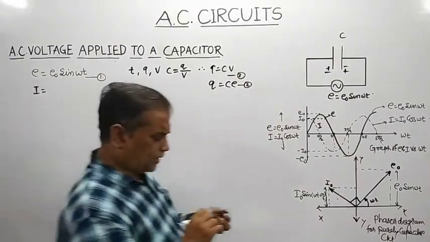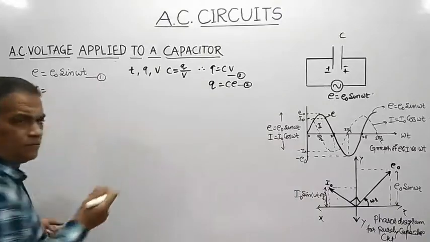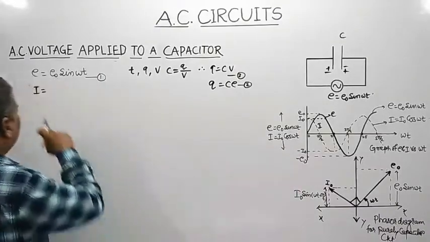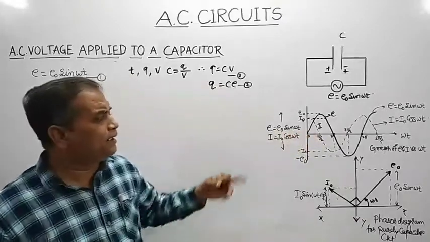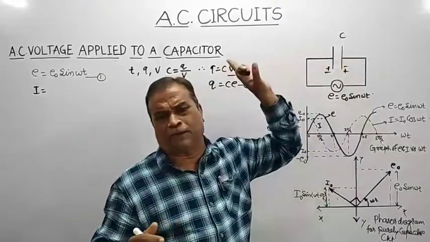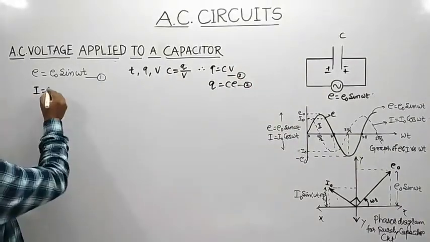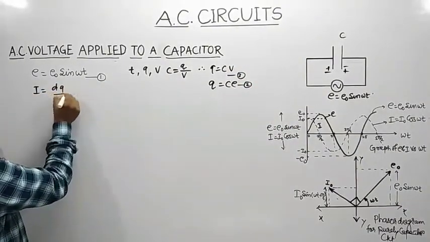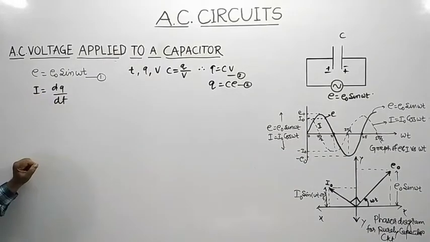But by definition, the current flowing through the circuit at any instant of time, remember we are just finding the instantaneous current, if I is the current at any instant of time t, then the instantaneous current is the rate of flow of charge, I equal to dQ by dt.